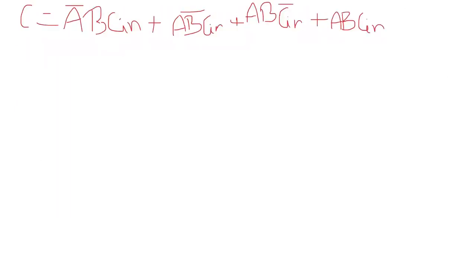We can reduce this using K-map. C out equals A bar B C in plus A B bar C in plus A B C in bar plus A B C in. First, let me write the K-map, a 3 variable K-map.